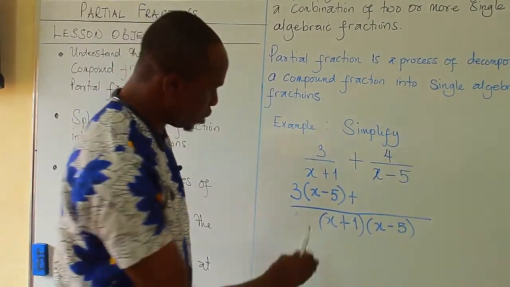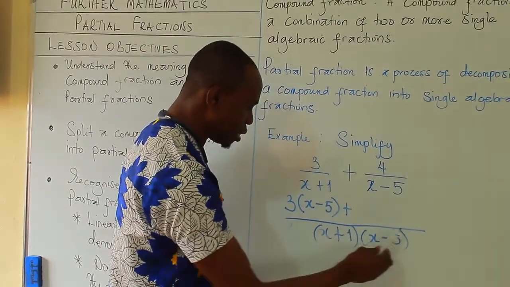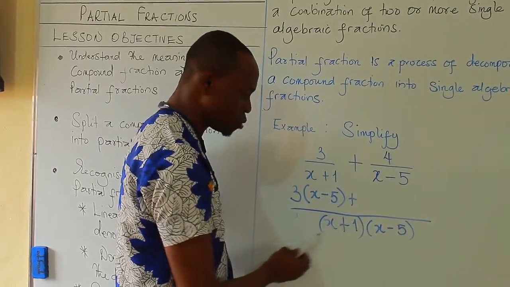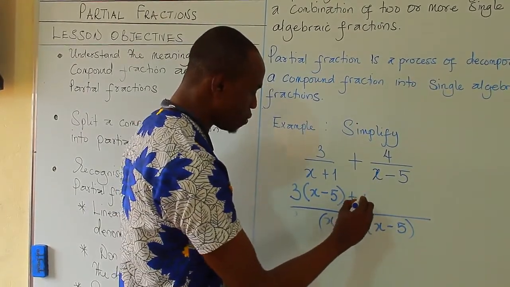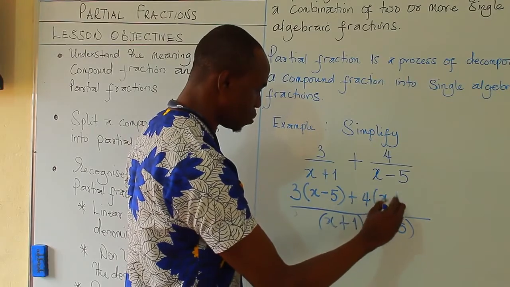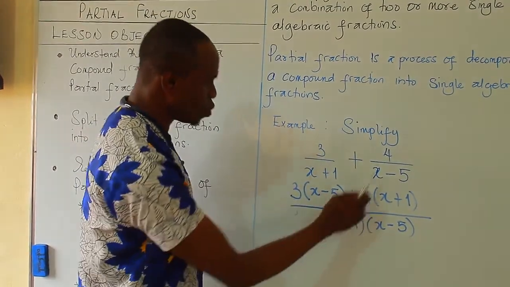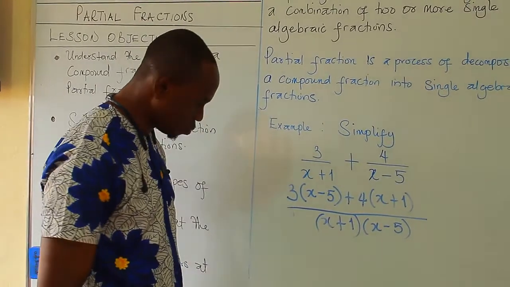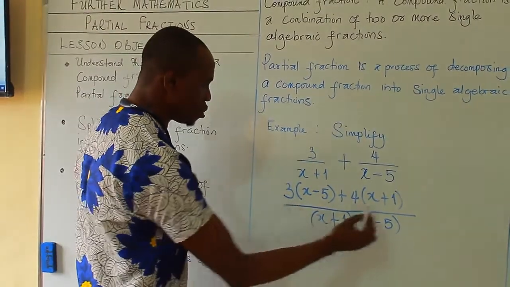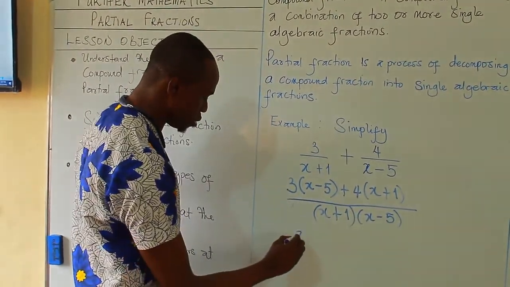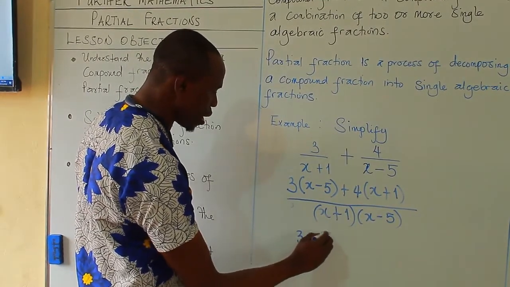Similarly, this divides this by cancelling this, and I'll be left with x plus 1. So I'm going to have it as 4 times x plus 1, because x plus 1 that's left will multiply the numerator. Of course, you know we are going to expand to get like terms to simplify.